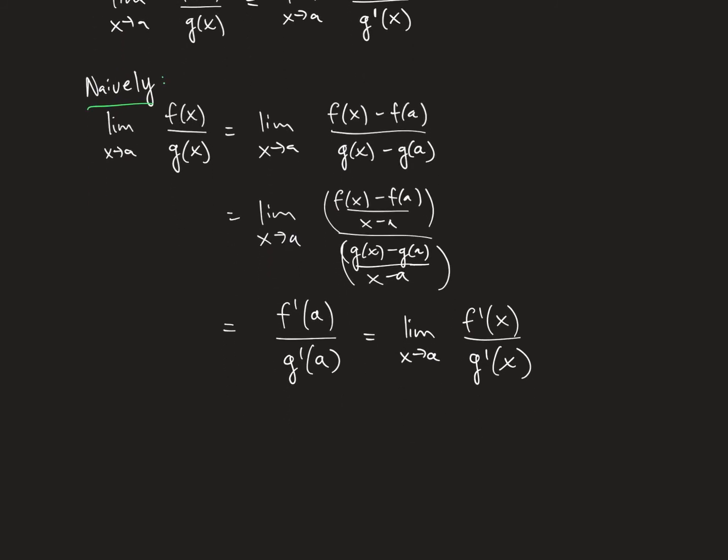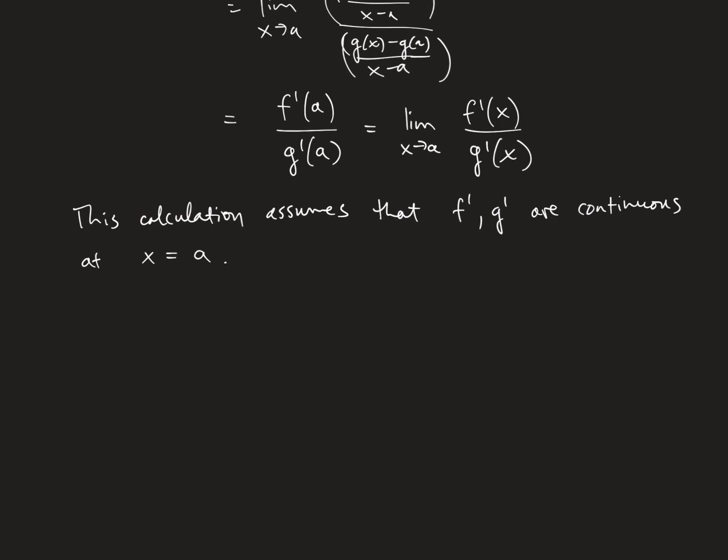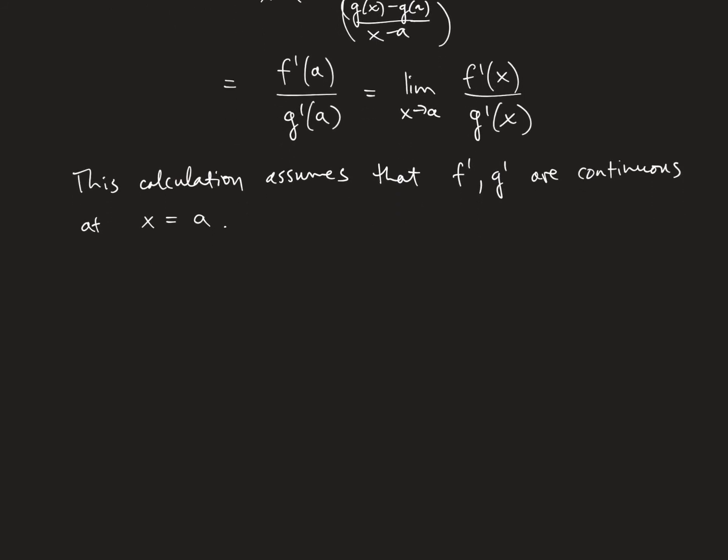So this calculation assumes that f prime and g prime are continuous at x equals a. But in general, actually, this is a bit too strong.